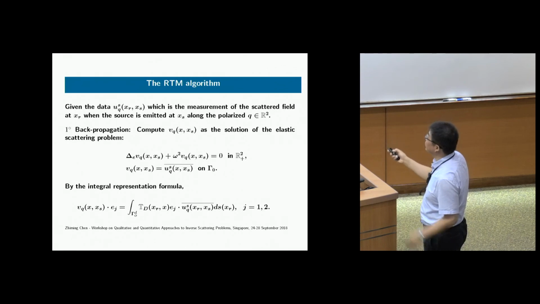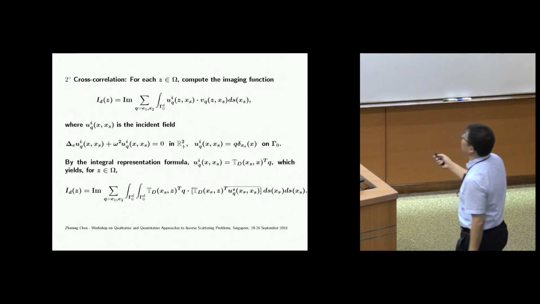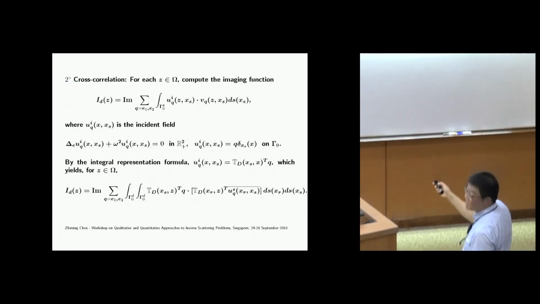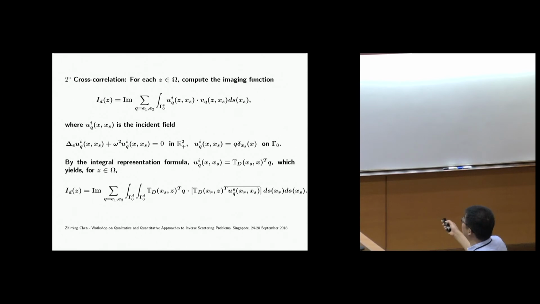By the integral representation formula, you can write this down with the traction tensor. Then you have the incoming wave, and for the incoming wave you should also have this delta function, the delta source, as a boundary condition. This is what we found.